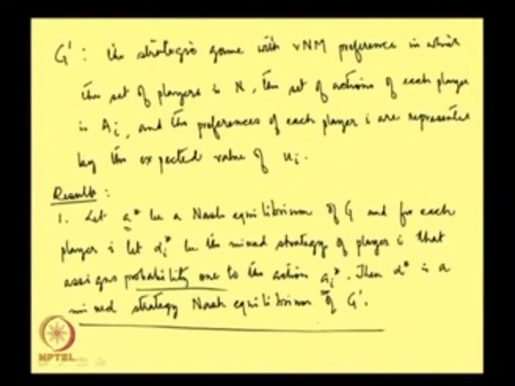Then we are saying that this mixed strategy profile, which is alpha 1 star, alpha 2 star, etc., alpha n star, will be a mixed strategy Nash equilibrium in the game G dash, where G dash was the game with von Neumann preference, remember. So here we have a result which relates G dash to G, and the second result will tell me the other way, how to go to G from G dash.